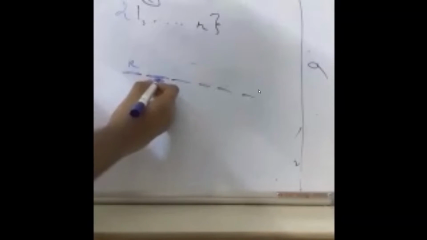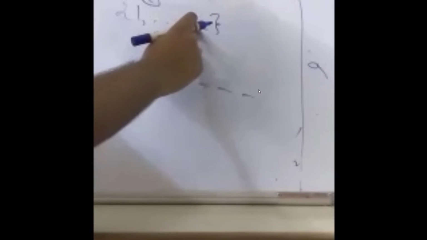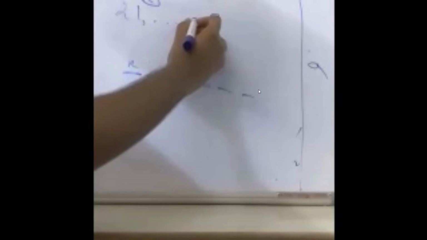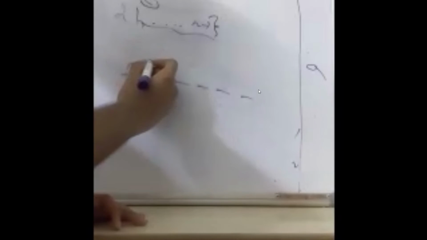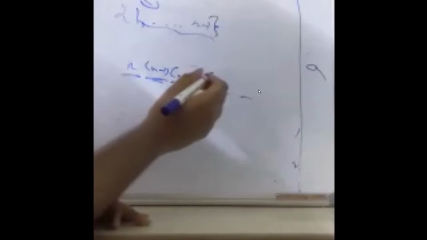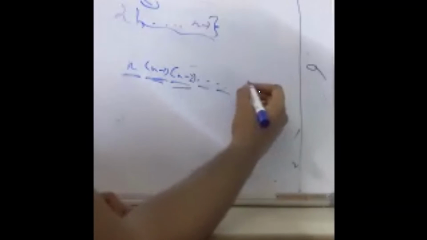Now in this box, we already have put one pen in one of these boxes, so now we have n minus 1 pens in here. So in this box, we could put any of these n minus 1 pens. In this box, we could put any of these n minus 2. And continuing like that, this last box will have n minus r plus 1 options.